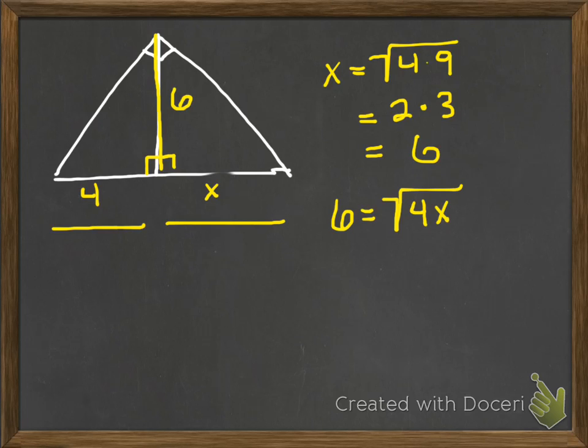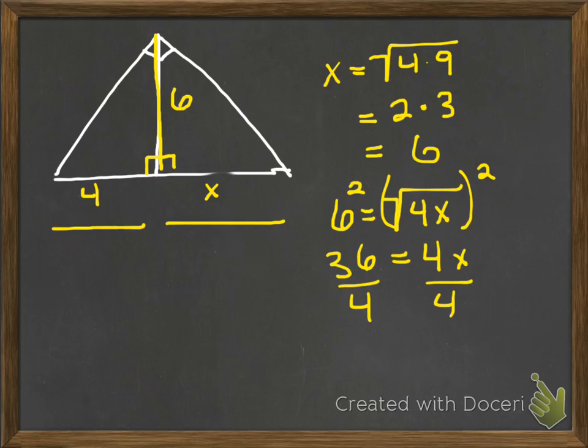Remember, when you want to get rid of the radical, you're going to square both sides, so 6 squared and the square root of 4x squared. 6 squared is 36 equals 4x, and you divide each side by 4, and we get x is equal to 9. Okay, so that's the altitude theorem. The altitude of the triangle is equivalent to the geometric mean of both segments that it creates.